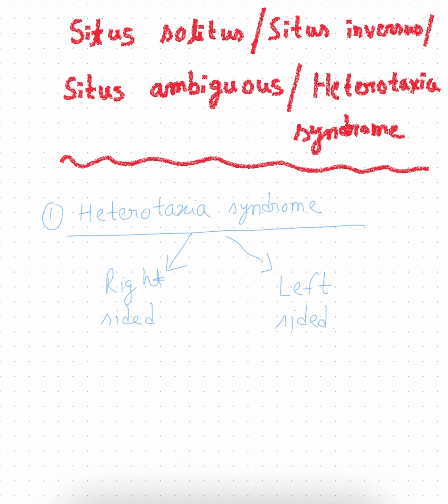So the right-sided heterotaxia means the right-sided part of body features will be prominent. The first point to remember in the right-sided heterotaxia is the left lung will show two fissures, that is, one minor fissure is also present on the left lung.